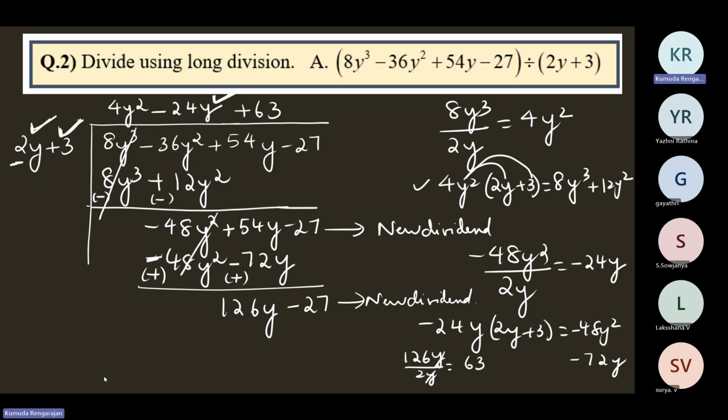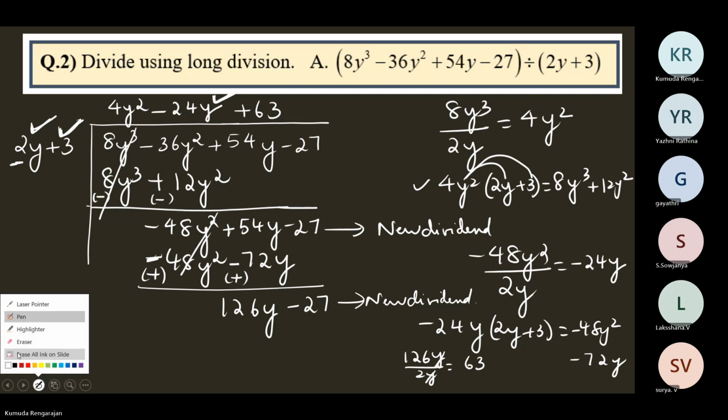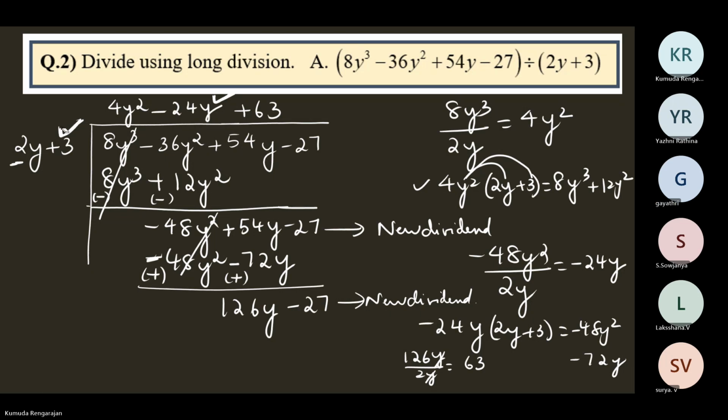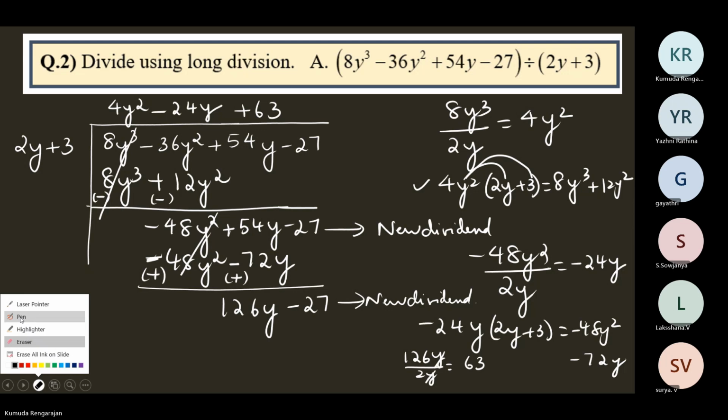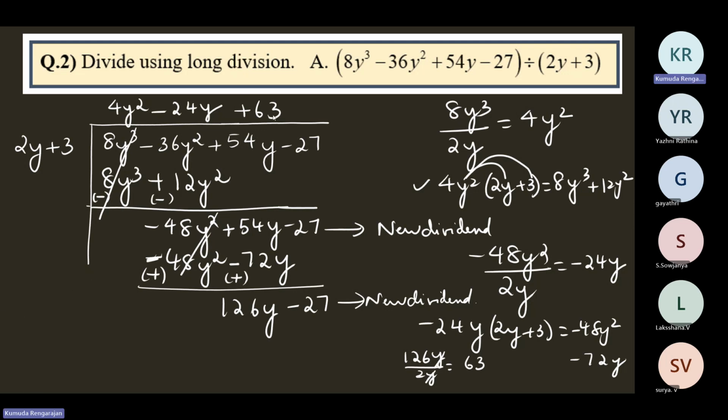Now again multiply. Plus 63 into 2y, 126y.